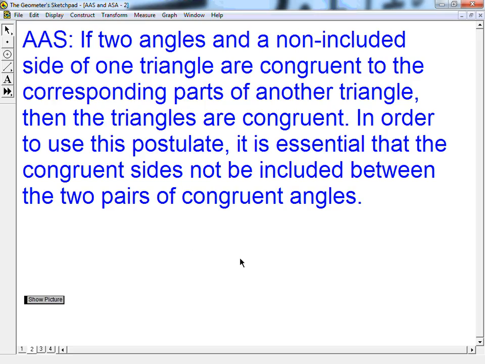Angle, angle, side. If two angles and a non-included side of one triangle are congruent to the corresponding parts of another triangle, then the triangles are congruent. As a matter of fact, let me make your notes a little shorter.